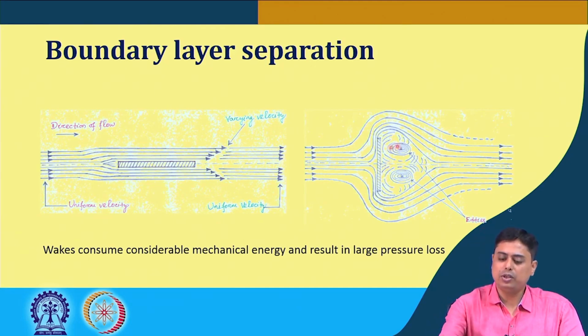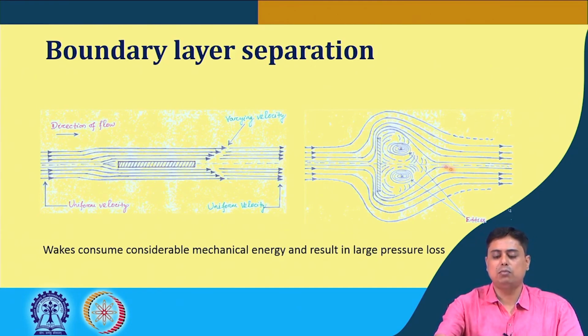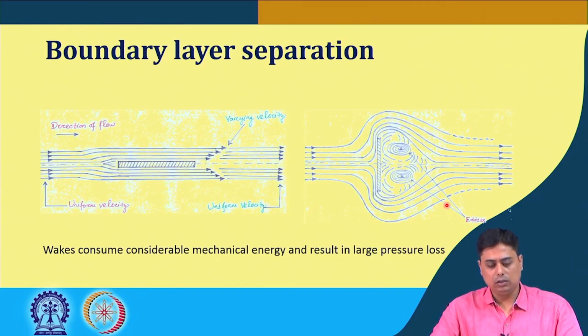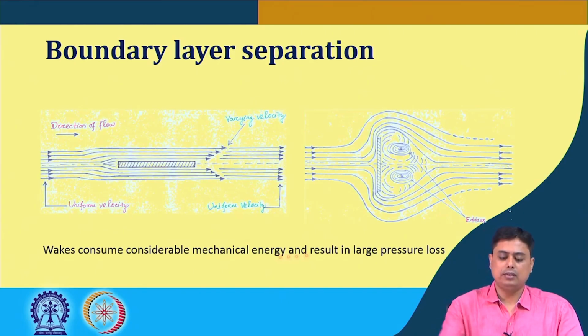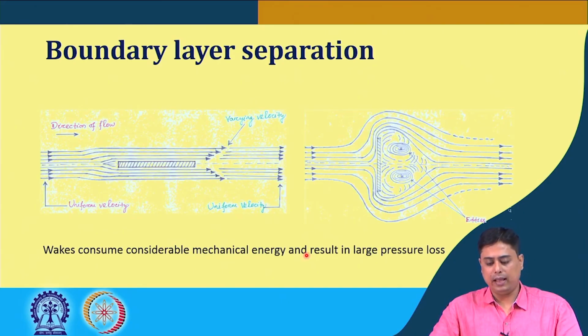Okay. This formation of wake happens due to boundary layer separation, because the flow cannot abruptly come to this point and it flows with the momentum of the flow. In such a scenario, the eddies or the wake form, and that leads to considerable mechanical energy loss and pressure loss.